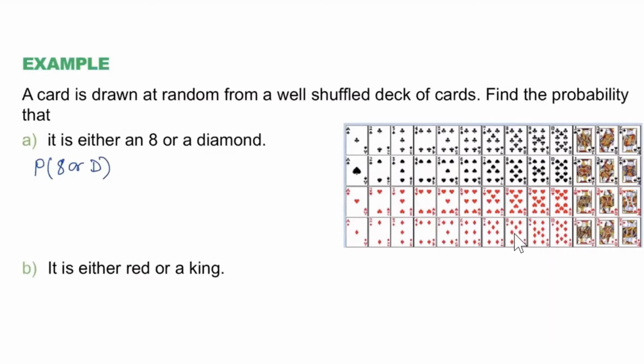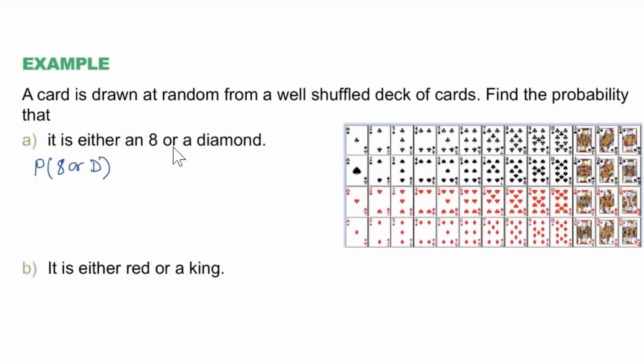That's why it can be the 8 and also diamond at the same time. Or if you think the other way around, if you pull a card and if the card is a diamond, do you think that it can be 8 also? Yes. So that means these two events can occur at the same time.